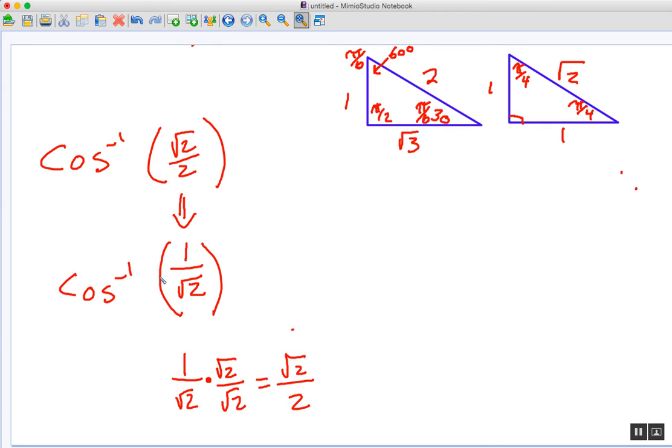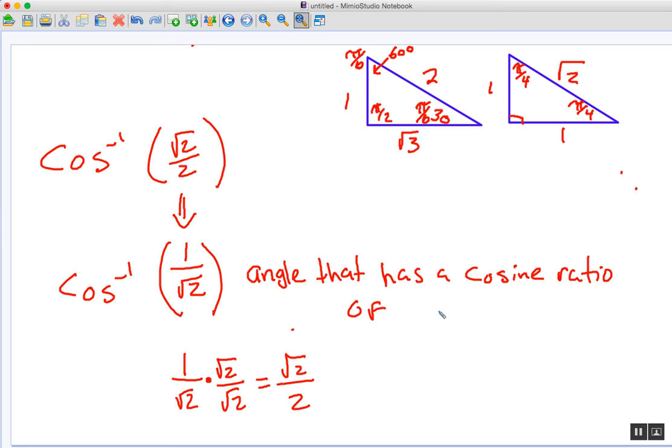You can always just change it to this notation because now you know you are looking for the angle that has a cosine ratio of 1 over square root of 2. So remember, cosine is adjacent over hypotenuse.